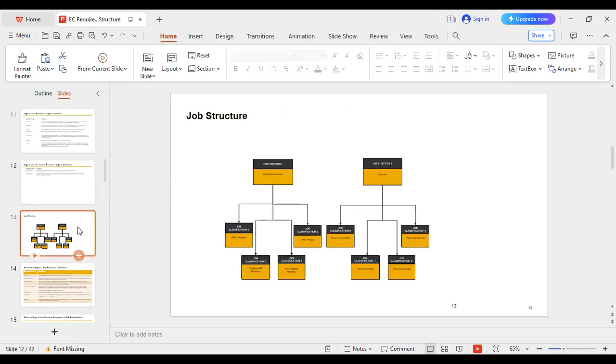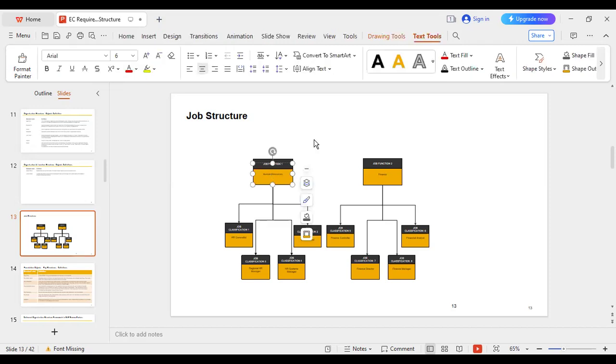Then we have the job structure. I already told you that the job structure or job function is different from the position. Position is basically the seat the person occupies in the company. The job function tells what the person is doing in the company, what their KRAs are. Job function human resources tells the basic key responsibilities.